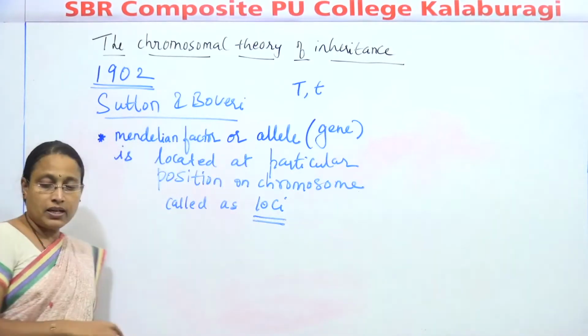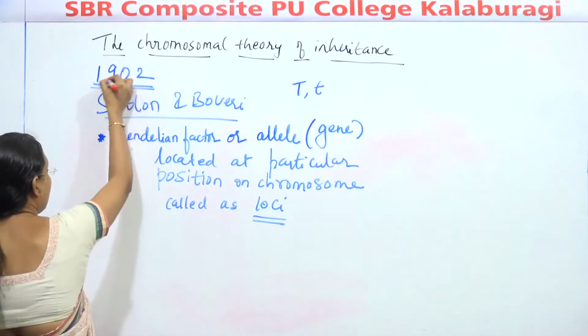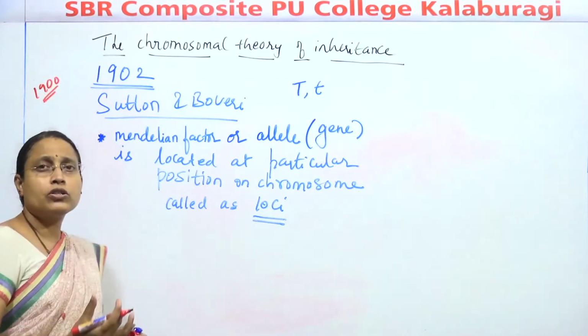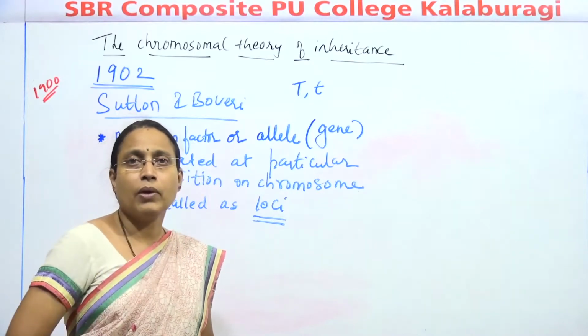This was possible due to advancement in microscopy. Till 1900, the microscope was not so advanced that intracellular details could be observed.